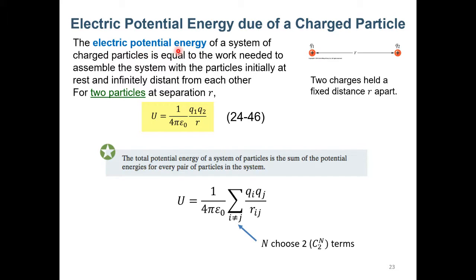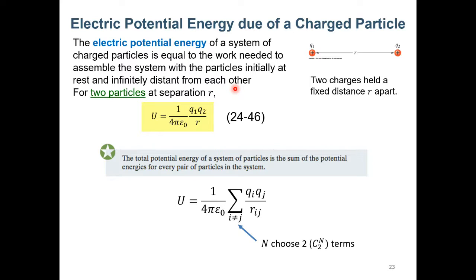The electric potential energy of a system of charged particles is equal to the work needed to assemble the system, with the particles initially at rest and an infinite distance from each other. So if there is only one charged particle, there is no electric potential energy stored in this system.